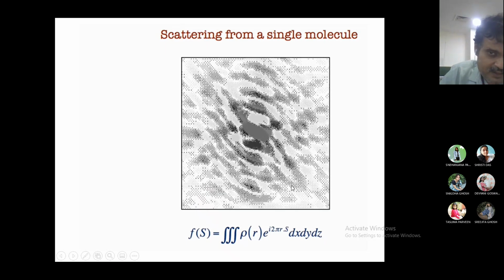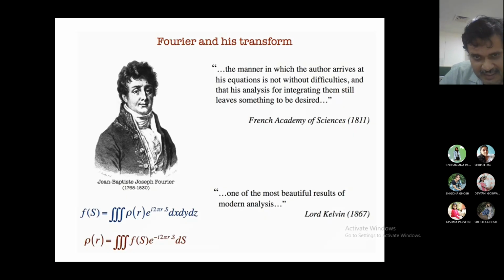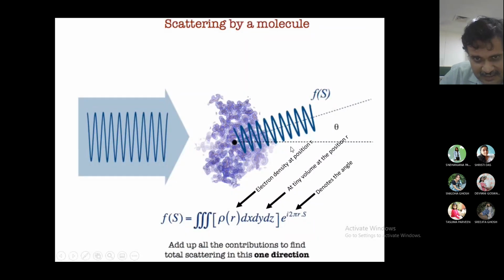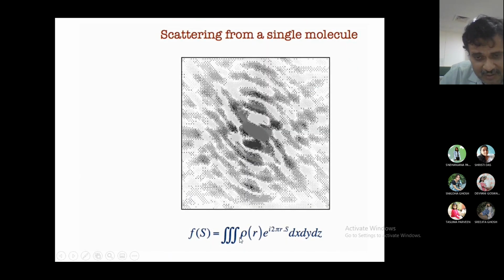This pattern needs to be solved to get the three-dimensional arrangement of these points, as given by this rho r. So we have to solve for this rho r. Where are these points located? That has given this kind of diffraction pattern.